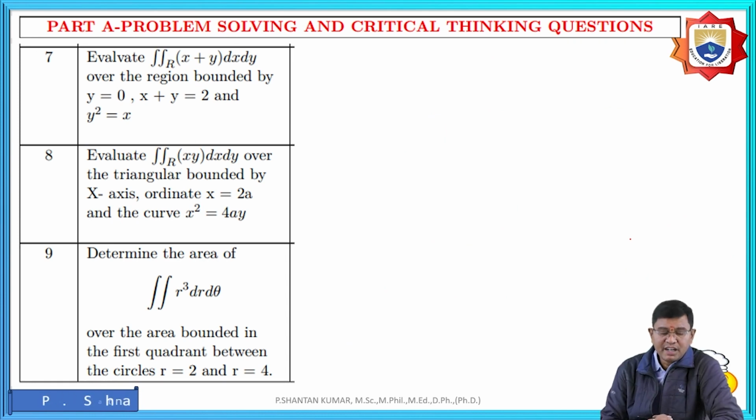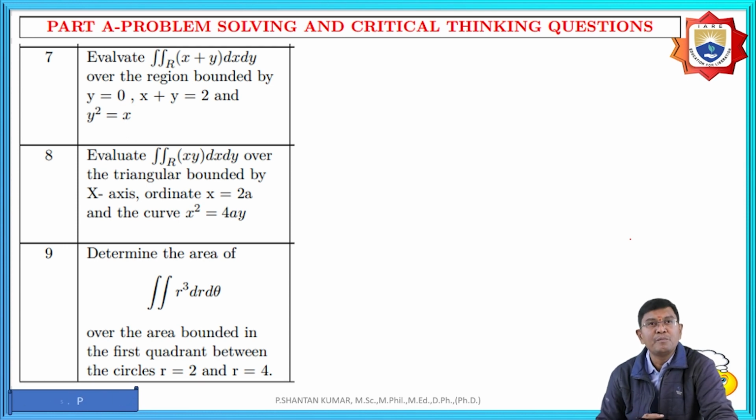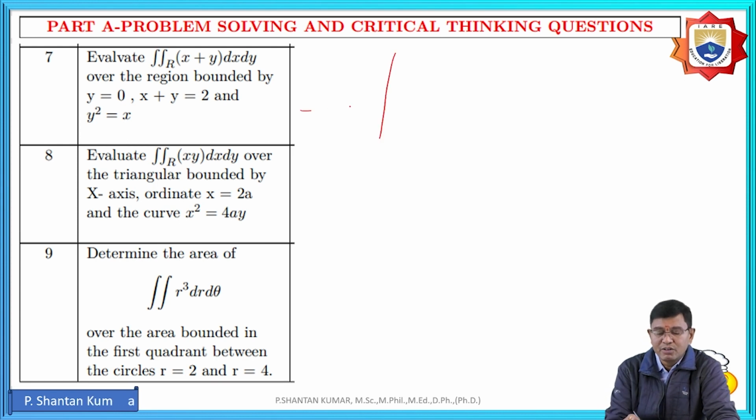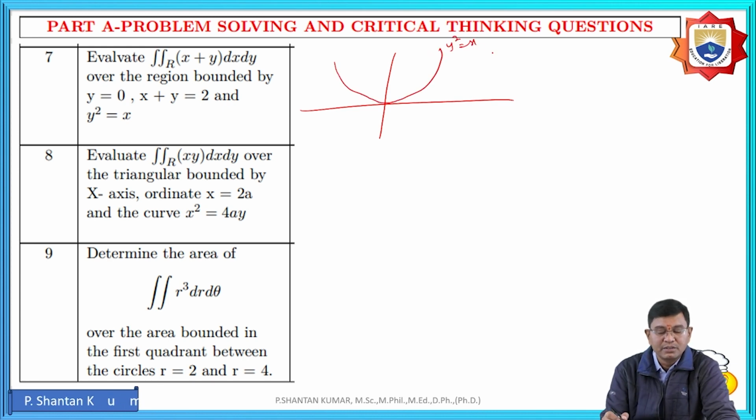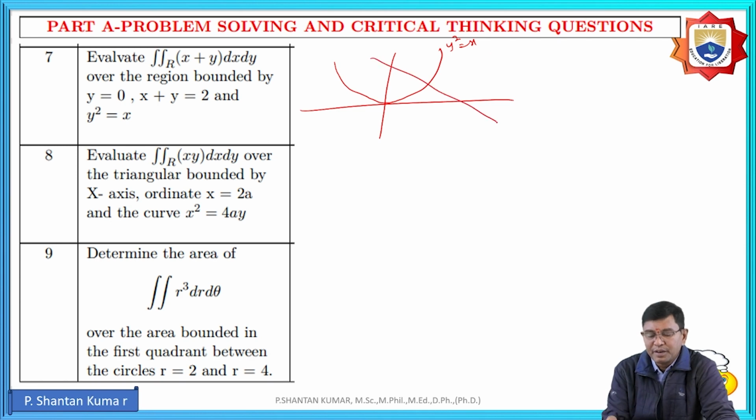Next, evaluate the double integration of x plus y dx dy over the region bounded by y equal to 0, x plus y equal to 2 and y square equal to x. Here y square equal to x means x equal to y square, a parabola, and x plus y equal to 2 is a straight line.